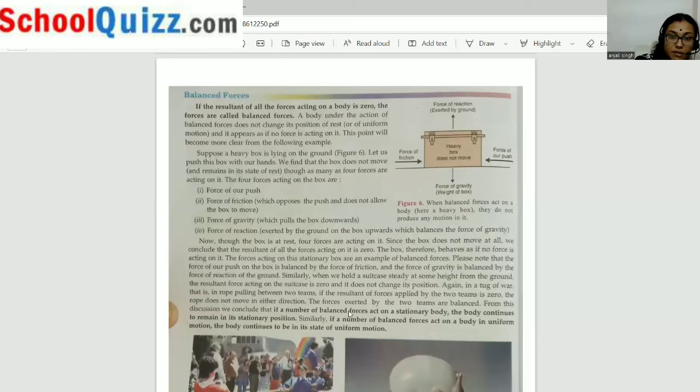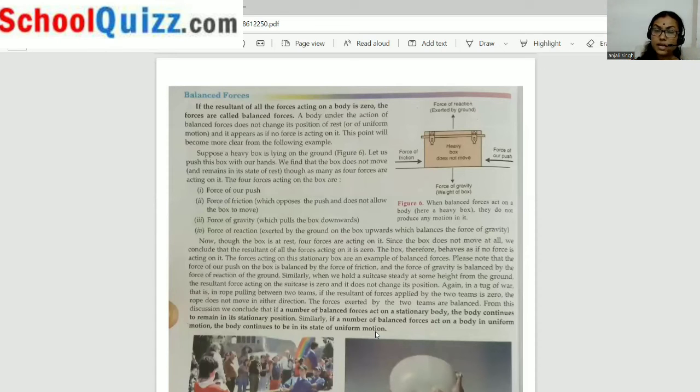If balanced forces act on a body in uniform motion, the body continues to be in a state of uniform motion. In the last case, suppose the box is in uniform motion.